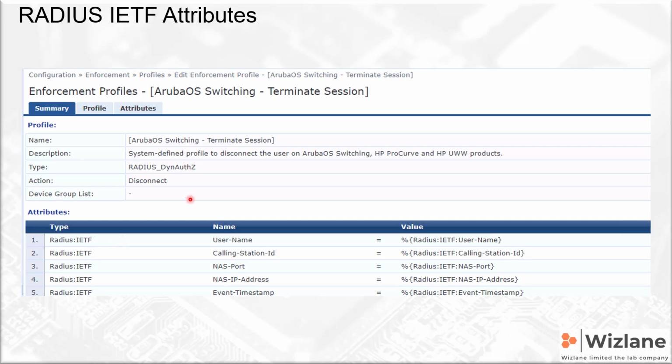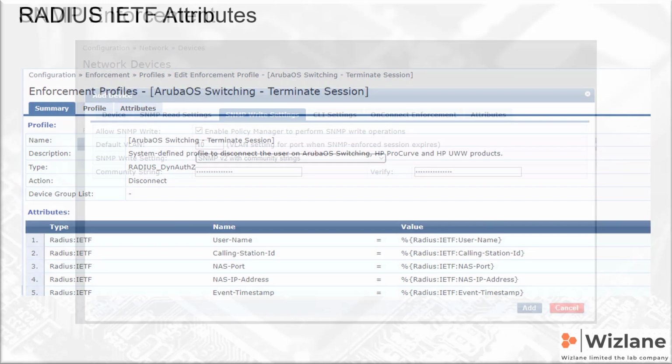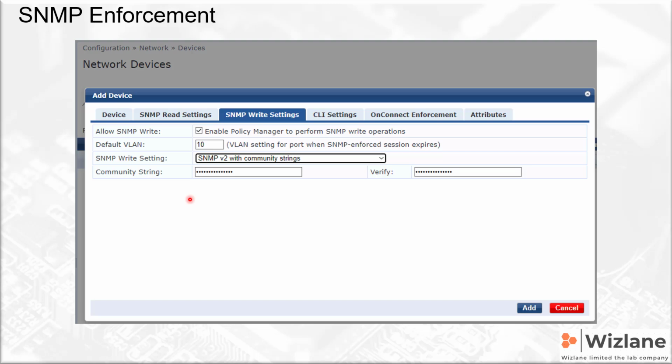Also, another way that ClearPass can communicate with these NAD devices or switches is through what's called SNMP. Now, with SNMP, you might want to send instructions to take action. We call it SNMP enforcement on that device.